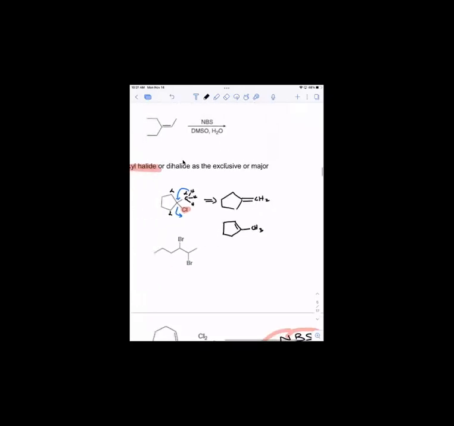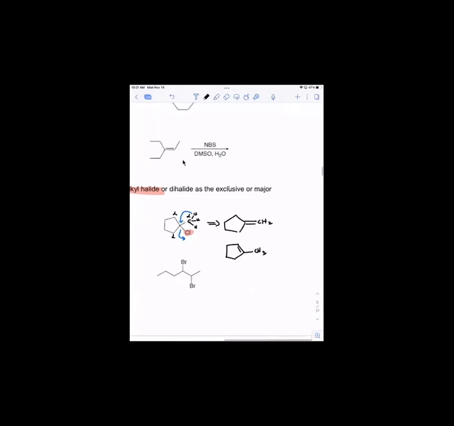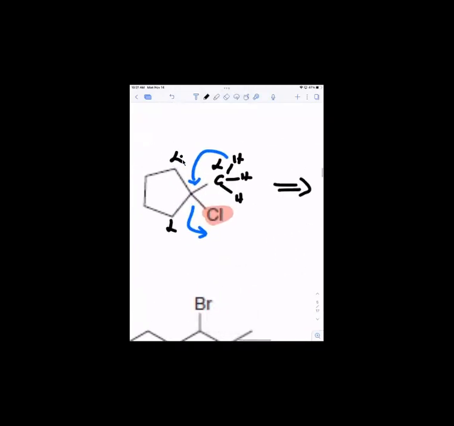What if I wanted this alkene, what if I wanted to go back to here? How would I get there from here? Because you can get either one. Which alpha site would I take a hydrogen from for that one? So I have hydrogens here, right?